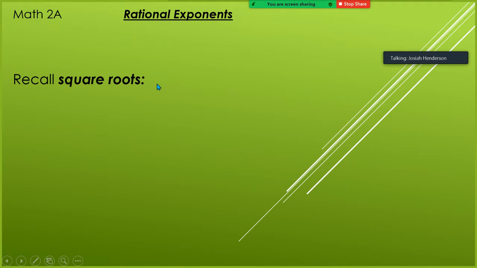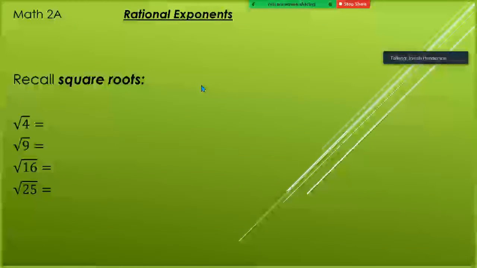So rational exponents. To start, I want to recall what square roots are. Let's practice these 4 square roots that we see here. Does anyone remember how to take a square root or simplify a square root or figure out what a square root is of some number like these ones I've got here?